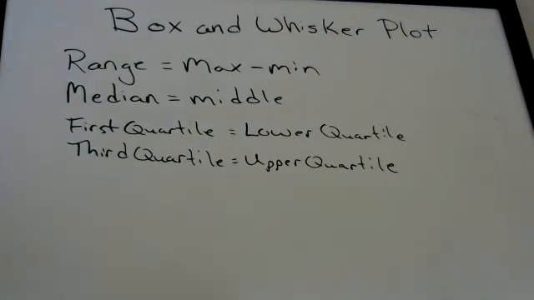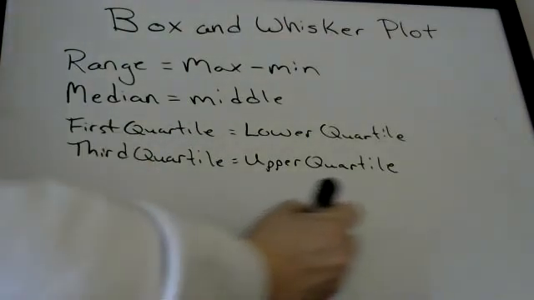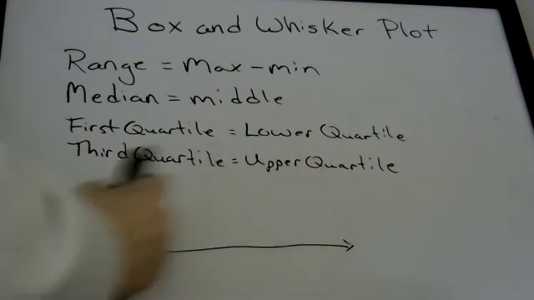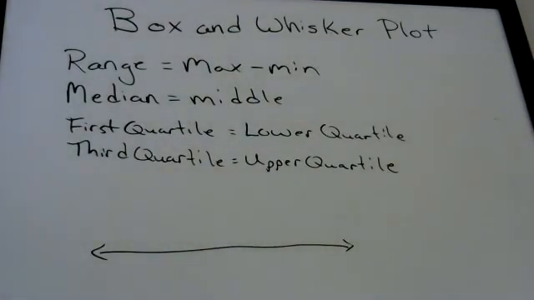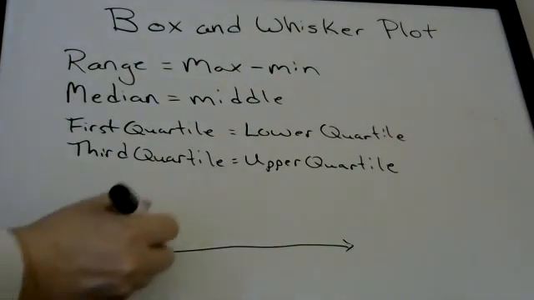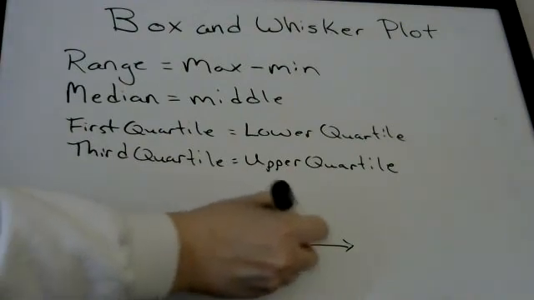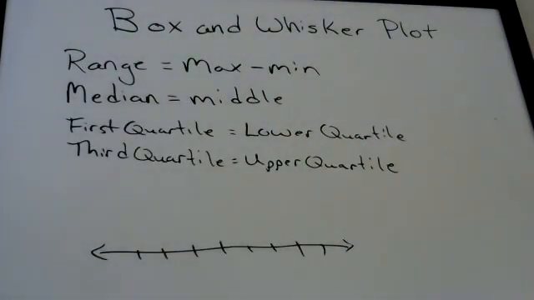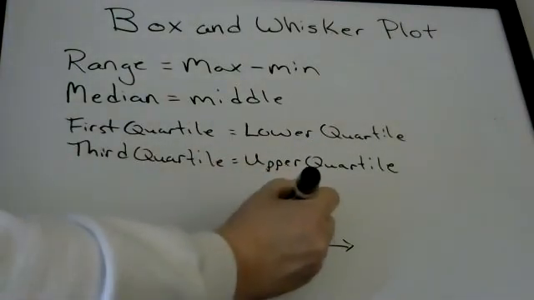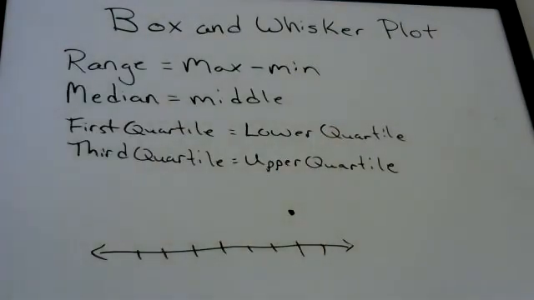And so what you're going to see is you're going to have a number line. And we're going to do an example here in a second, but I just want to give you the general visualization here. So you're going to have numbers on a number line. And then wherever your maximum is, you're going to draw a dot.